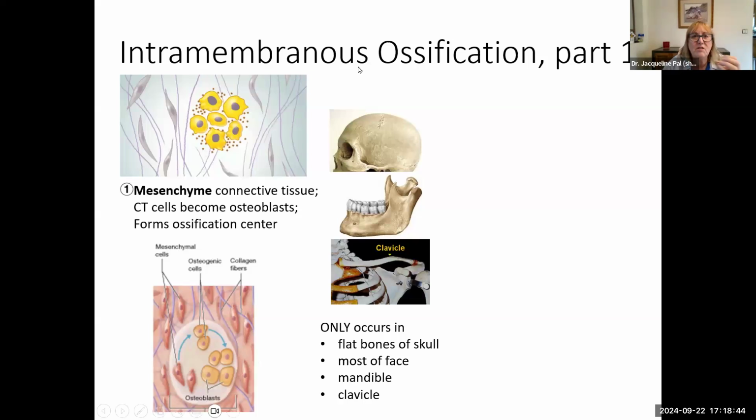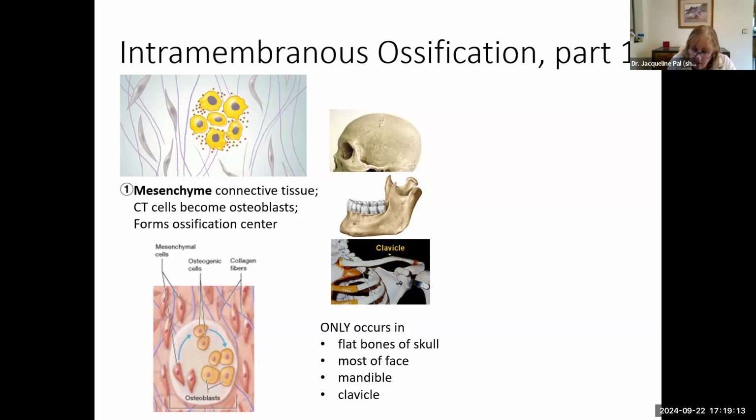So this one starts inside a membrane, and the membrane is that fetal connective tissue, mesenchyme. So learn the word mesenchyme. We have mesenchyme connective tissue just hanging around, waiting for whatever kind of message it's going to get. And it gets the message, hey, I want your stem cells to become bone.